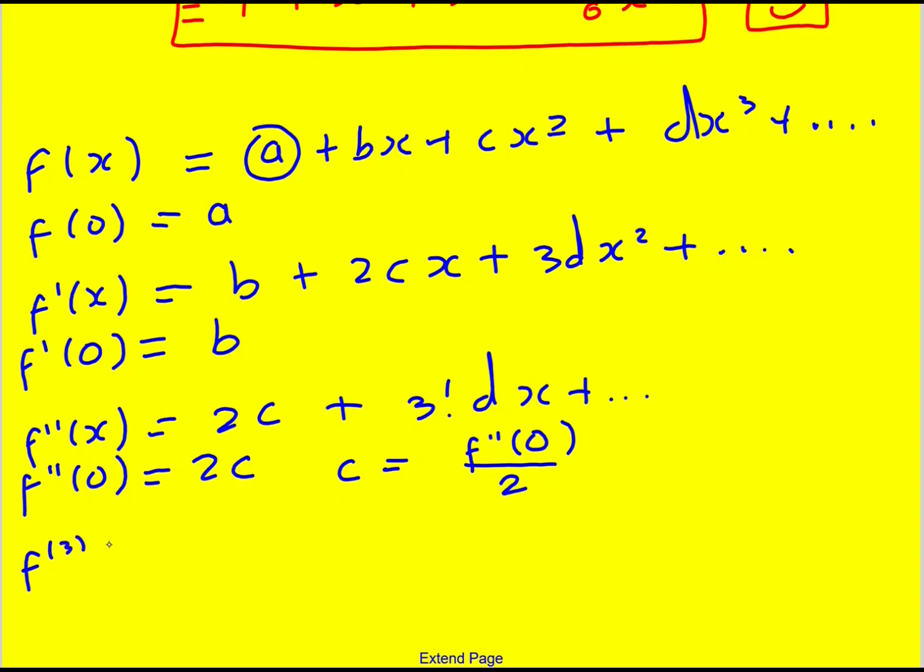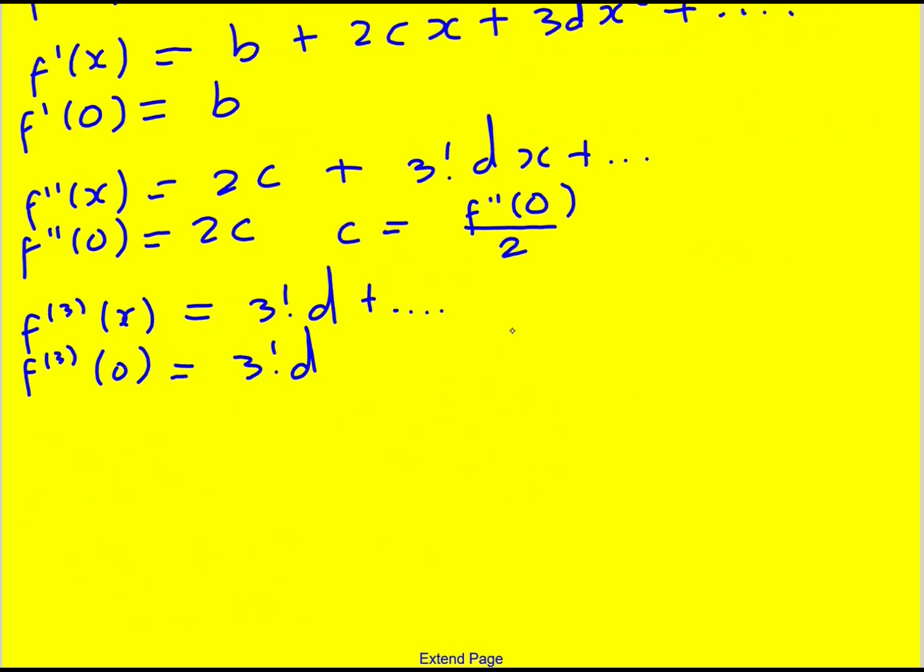So the third derivative is going to be 3 factorial d plus some other terms. So here we're going to get 3 factorial d by itself because the other terms are going to disappear, which means d is going to be f triple dash 0 over 3 factorial. And from that, we can construct our f of x.